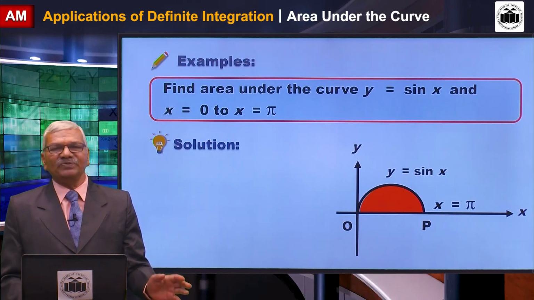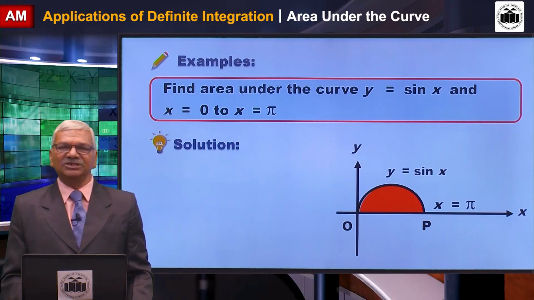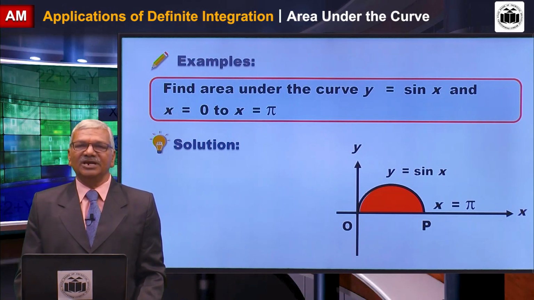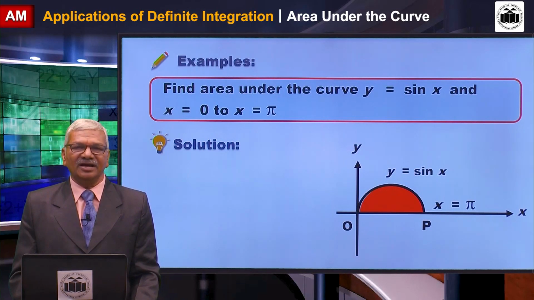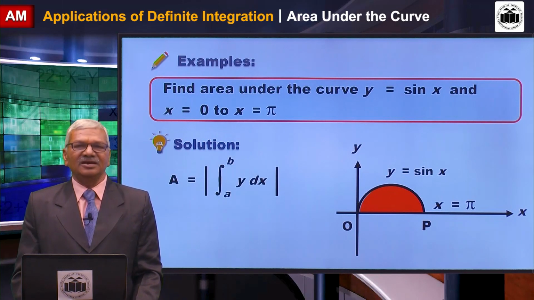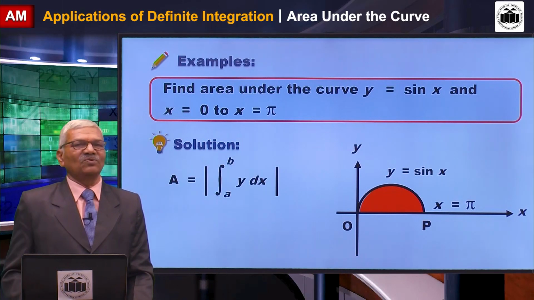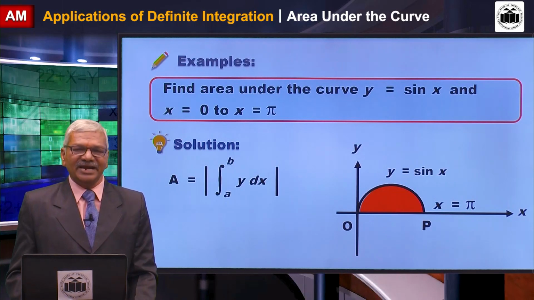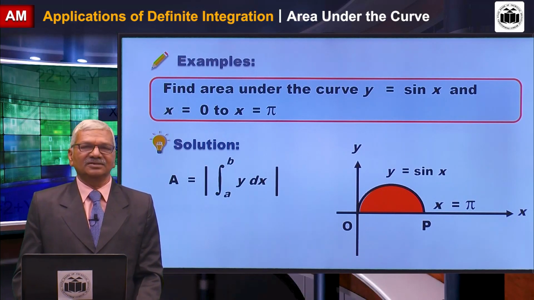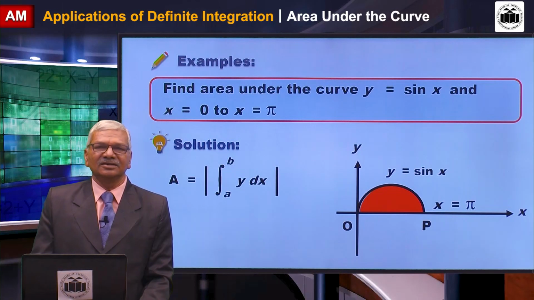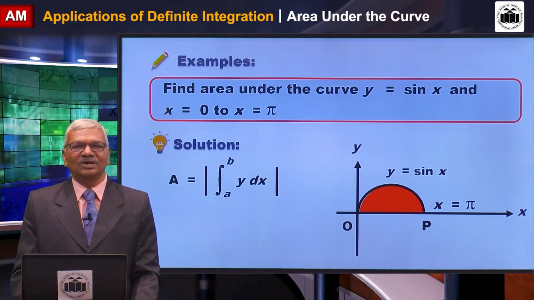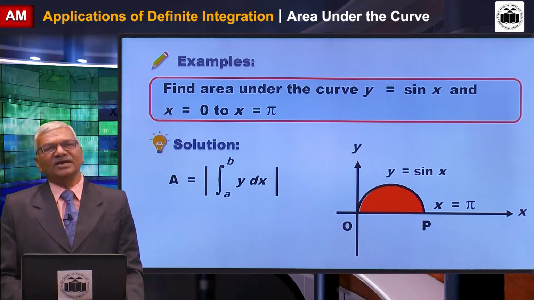Simply putting these values in the formula of integration. Which is the formula of integration to find the area? Right, integration a to b y dx. What are a and b? Right, limits. What are the limits here? Right, 0 and pi. What is the value of y here?